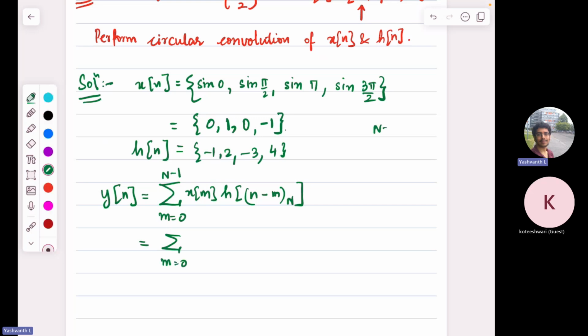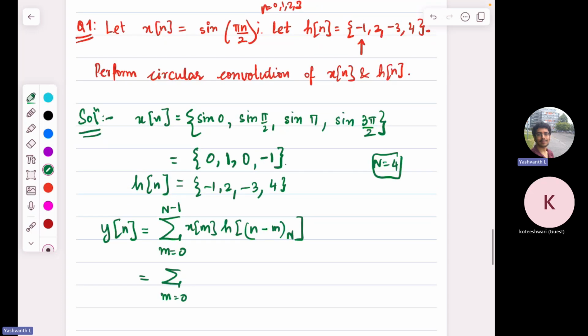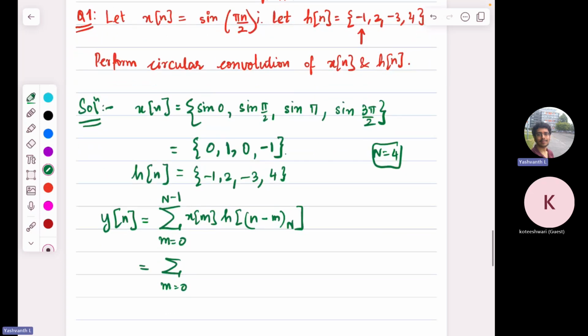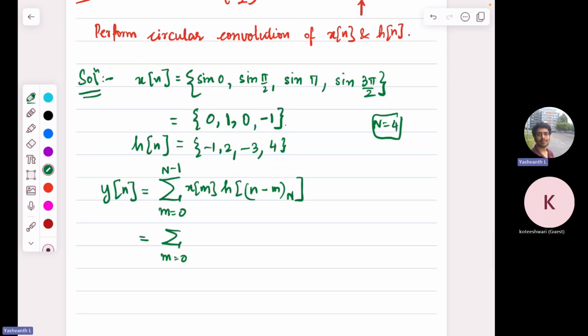N is 4, because we are only considering 4 samples. So it is the summation m equal to 0 to 3 of x of m times h of (n minus m) mod 4.